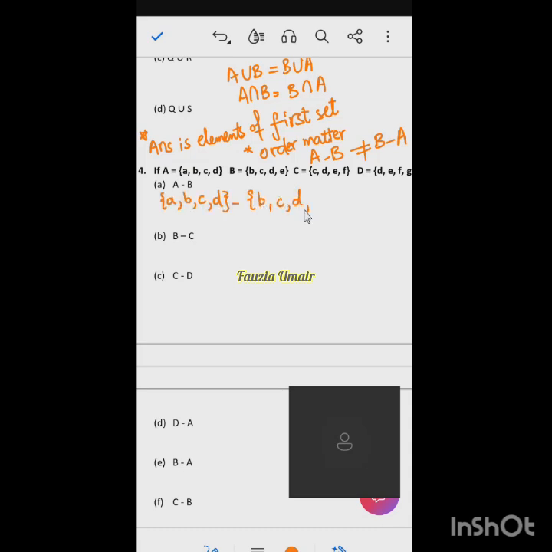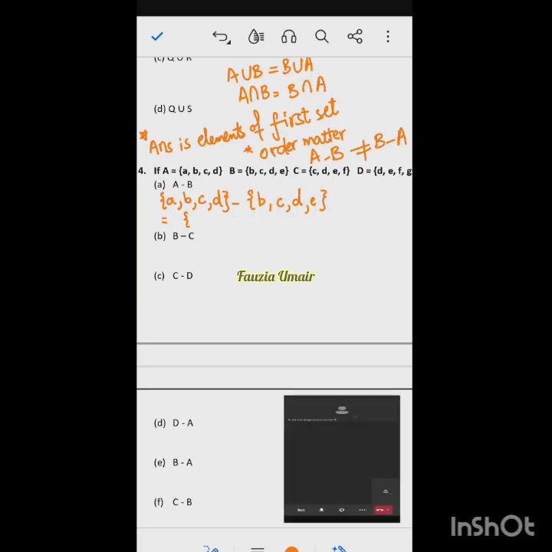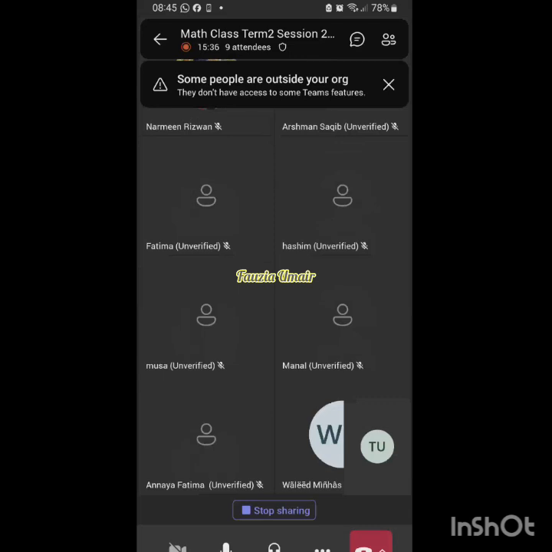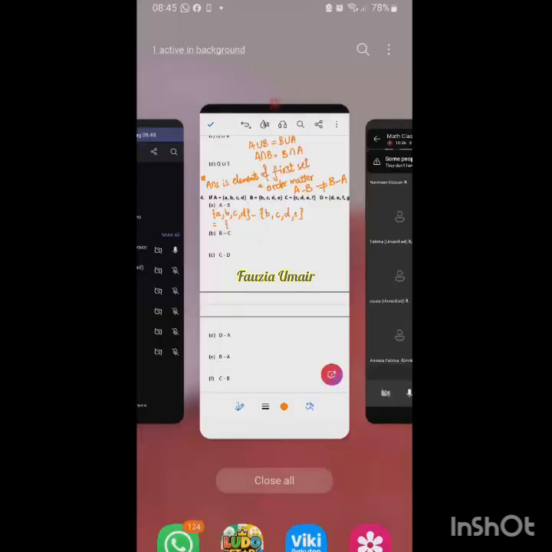So now who can tell me what will come in the answer? What will be gone from A after subtracting B from it?